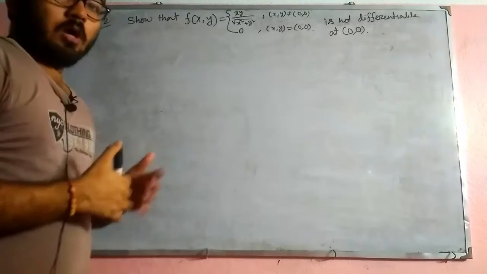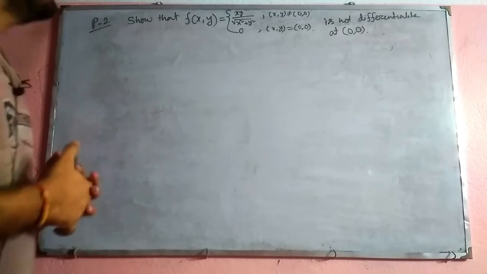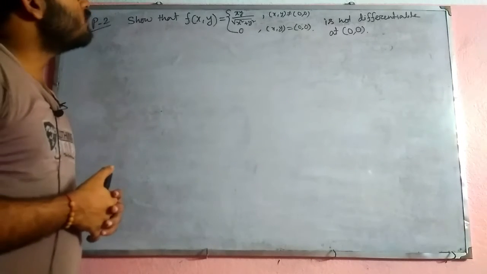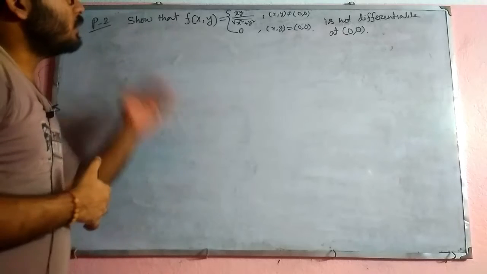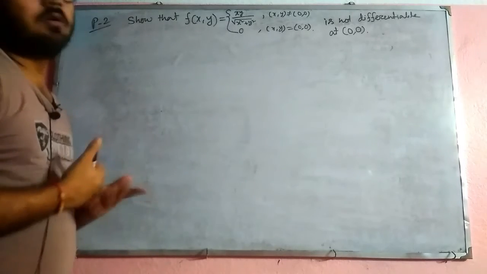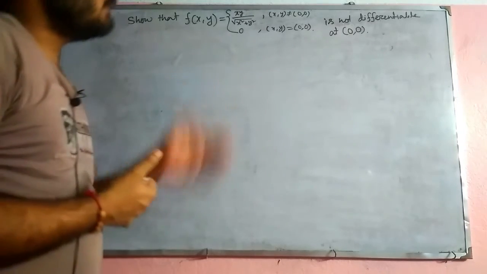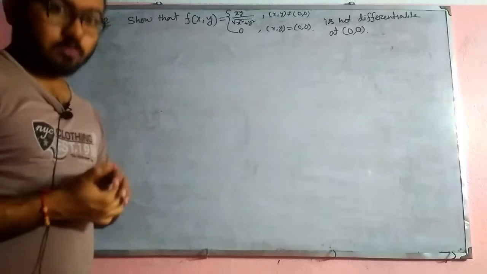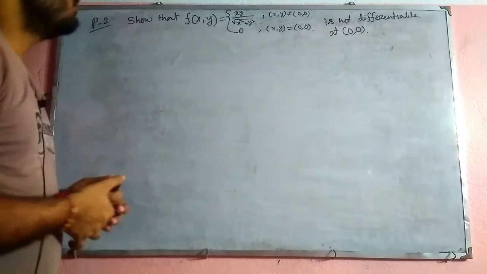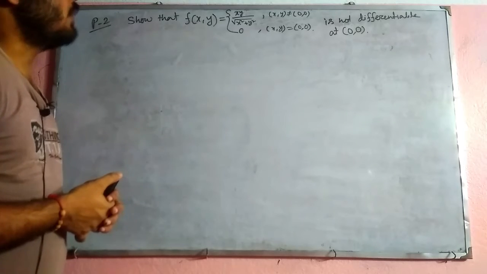Now our problem number 2 is: show that f of x y is equal to x y by root over x square plus y square when x comma y is not equal to 0 comma 0, and 0 if x comma y is equal to 0 comma 0, is not differentiable at the point 0 comma 0. So here we will do the problem.